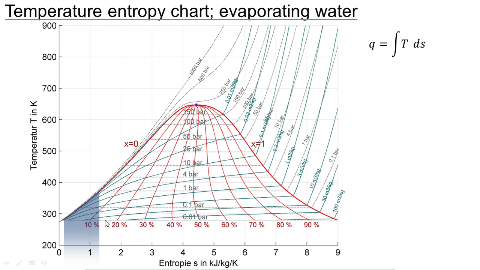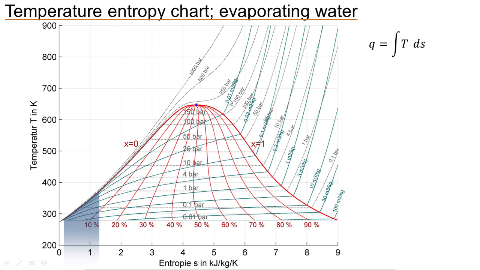It will take much more time than just heating it up, because if you follow this line here at 1 bar while adding heat, you will go through these lines here, and this means your water will turn into steam. You will also cross these lines here. These lines show how much volume your steam needs, and it will increase the volume dramatically. You see here, you start here with about 0.01.